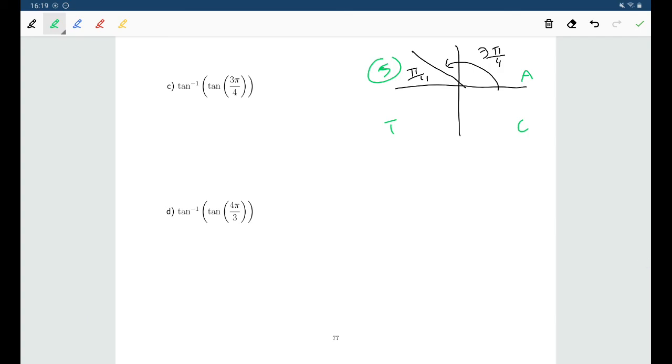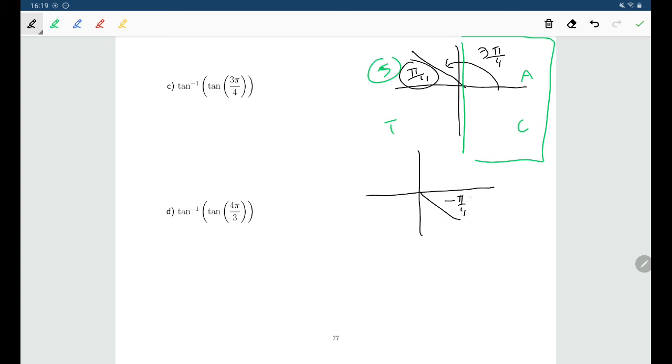So if we're thinking about the fact that tangent is negative, and of course tangent's restricted domain is from negative pi over 2 to pi over 2, then the equivalent angle in that restricted domain would be negative pi over 4. Negative pi over 4 would have the same reference angle of pi over 4. It would also be negative for the value of tangent.